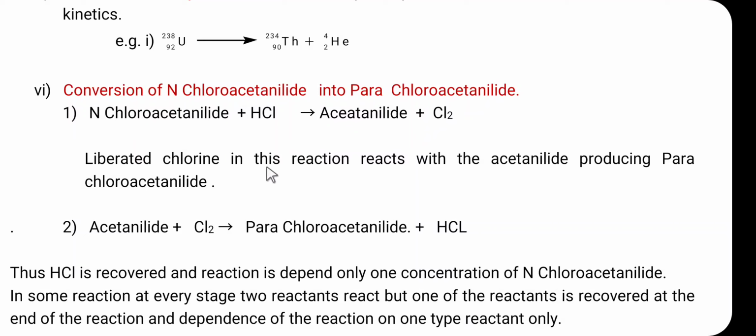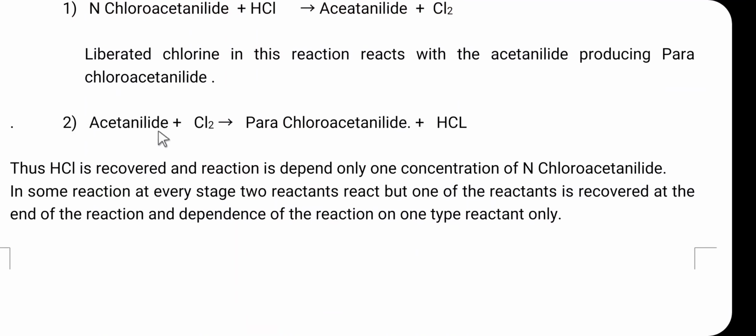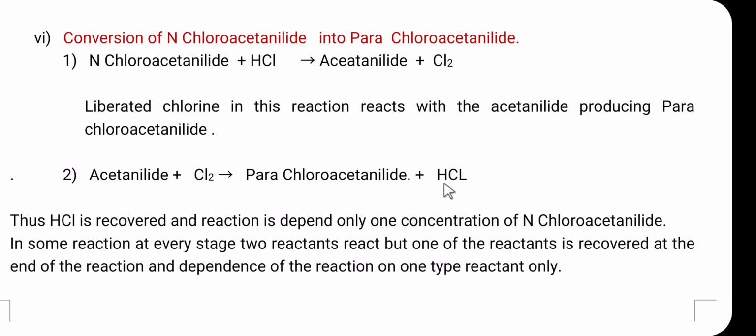The liberated chlorine in this reaction reacts with acetanilide producing para-chloroacetanilide, and again there is a recovery of the HCl. Here actually HCl is our reactant, but when the reaction takes place HCl is recovered.